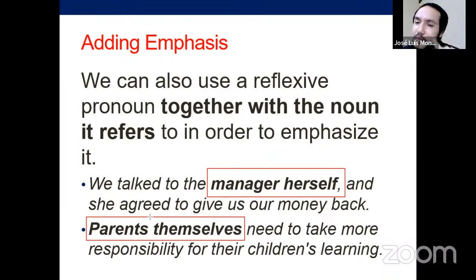So give me please just one example, Gladys. Then we're going to write more examples, but just one using this type, reflexive pronouns after nouns.